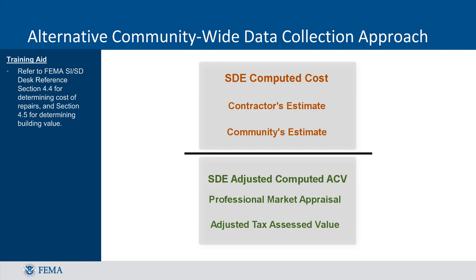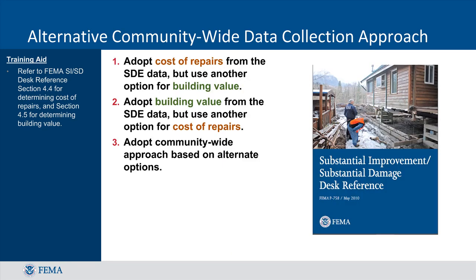These methods meet the NFIP requirements and provide the numerator and denominator for the substantial damage equation. For more information on determining the cost of repairs and building value, refer to Section 4.4 and 4.5 of the FEMA Substantial Improvement Substantial Damage Desk Reference.